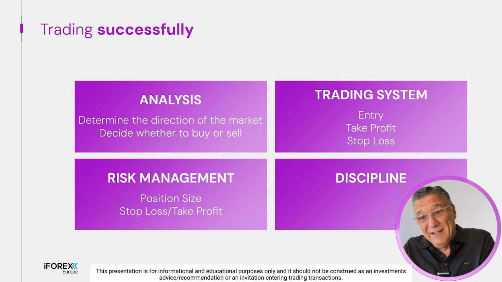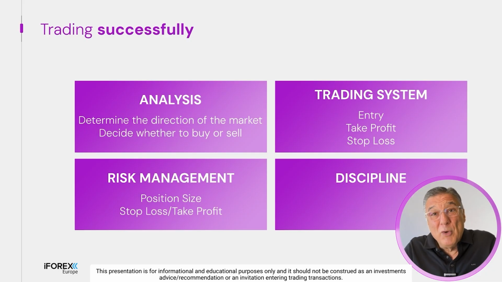Are we going to sell? Are we going to book our profit or are we going to exit with a small loss? So a trading system will let us know when we enter the market, either with a buy or sell order, and when we exit, either with profit or a small predetermined loss.